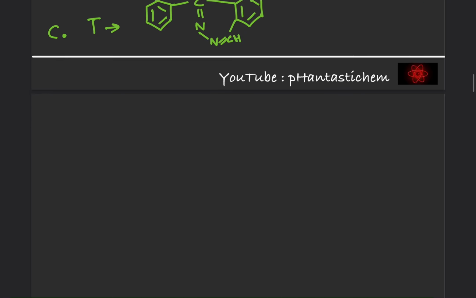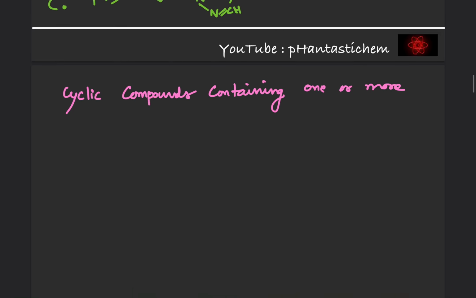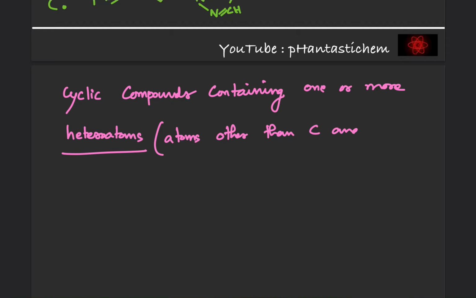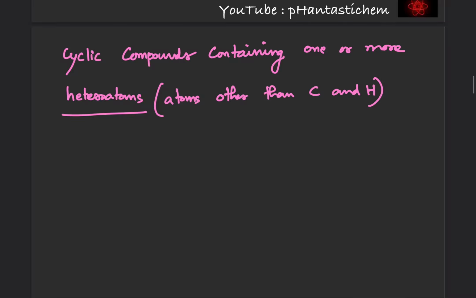Very important. Cyclic compounds containing one or more heteroatoms. So heteroatoms are atoms other than carbon and hydrogen in their rings.